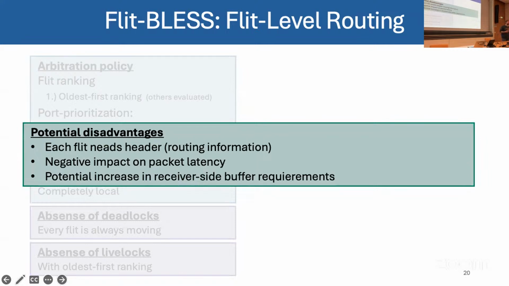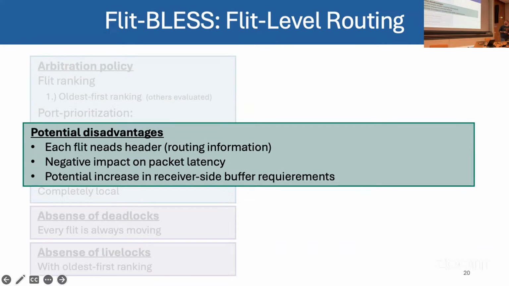But there are also potential disadvantages with routing every FLIT individually. Every FLIT needs a header, and that header needs to contain all the routing information. Then there is a potential negative impact on packet latency. If we split the packet up into lots of small FLITs, then the probability that one of those FLITs is deflected and has to take quite a long path is pretty high.